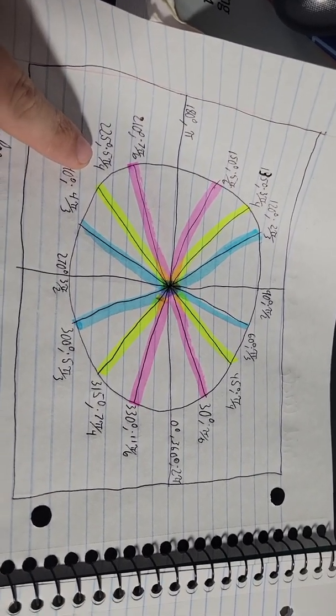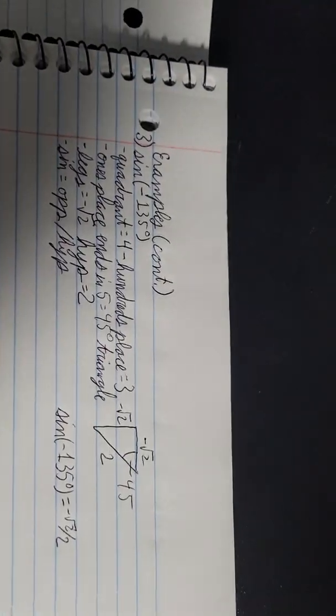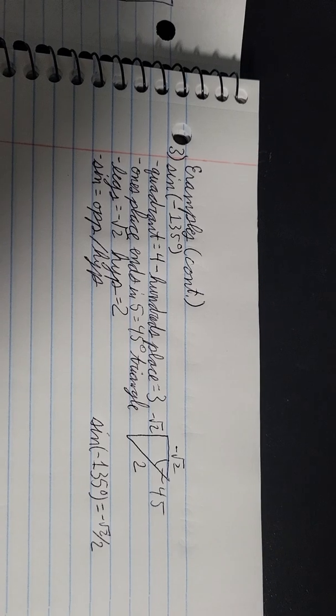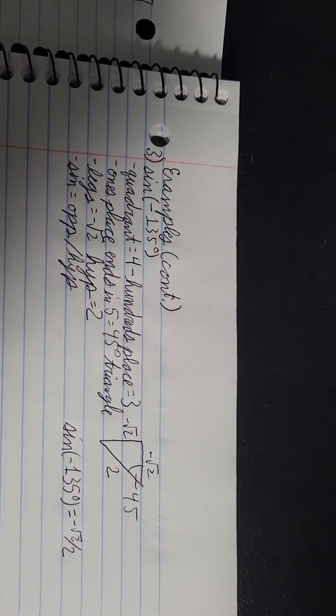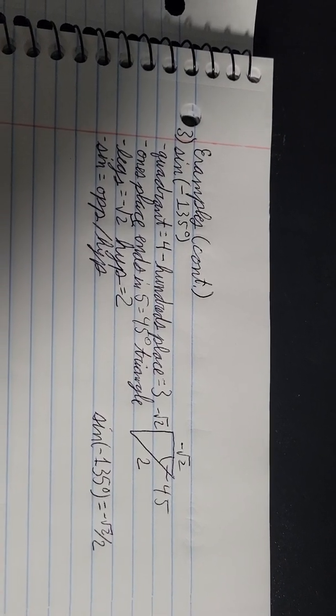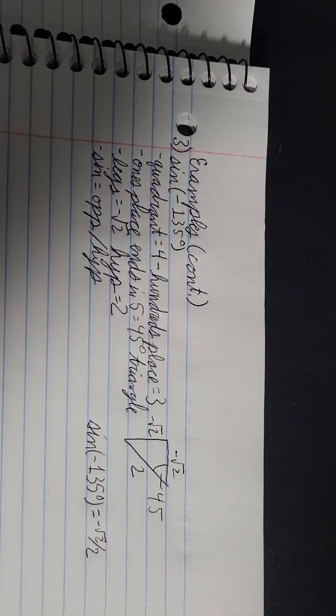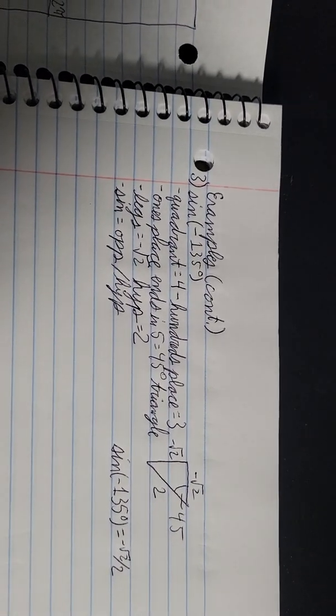And now that we know that, we can find the rest of our answer here. So also because it's negative, the quadrant is 4 minus whatever's in the hundreds place, which gives us quadrant 3. Here's another tip and trick that helps make it a little easier.